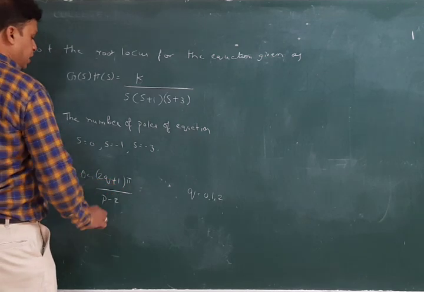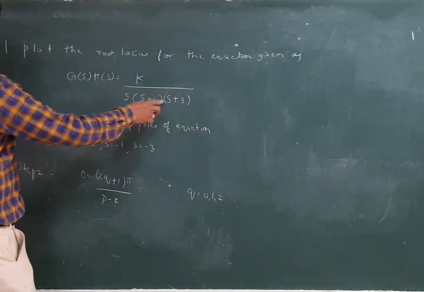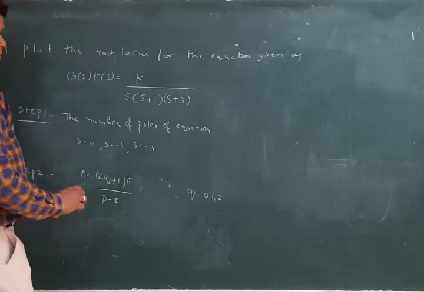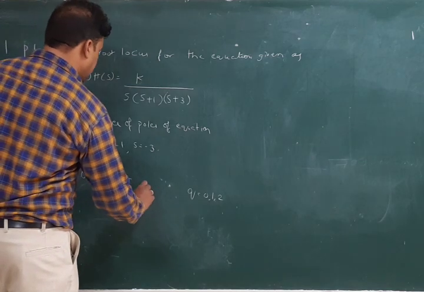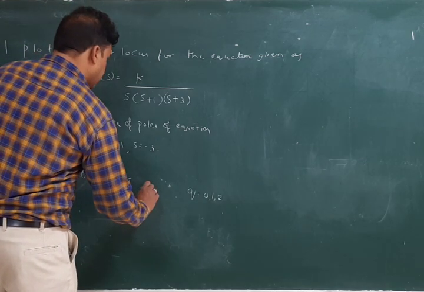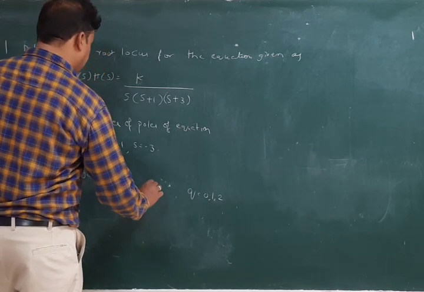And p minus z means the number of poles minus the number of zeros: the number of poles is 3 and the number of zeros is 0. So, theta equals (2 into 0 plus 1) into pi by 3.